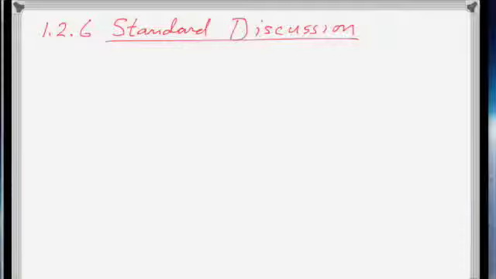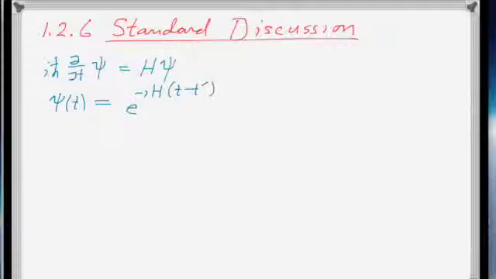We start off with the time-dependent Schrodinger equation, i h bar d/dt psi. The formal solution is psi of t equals e to the minus i H (t minus t prime) over h bar, where H is your full Hamiltonian operator, times the wave function at time t prime.